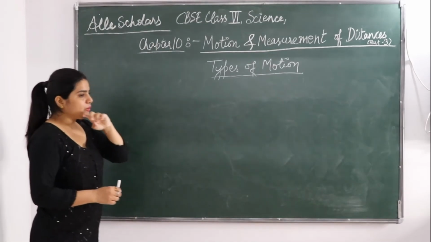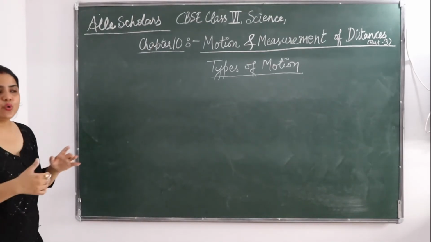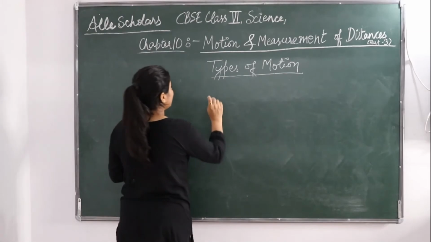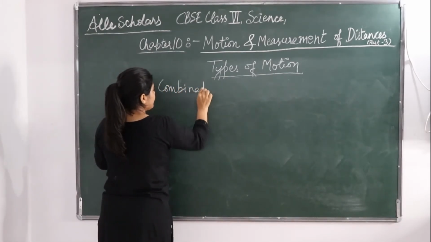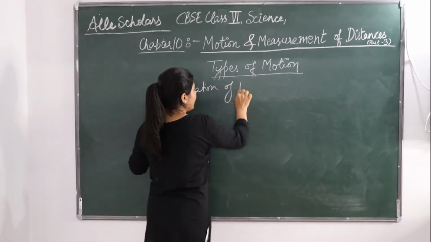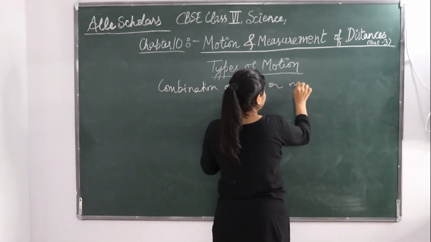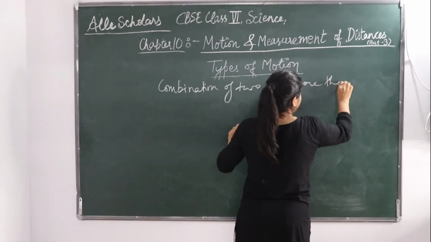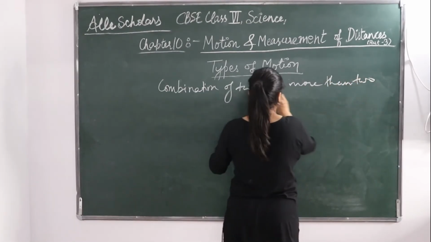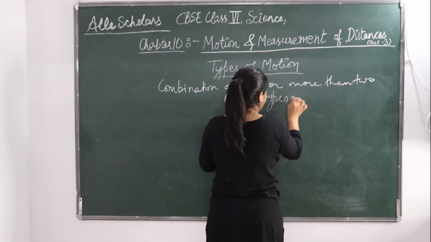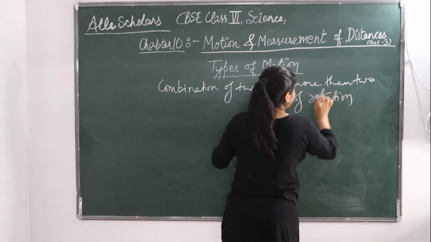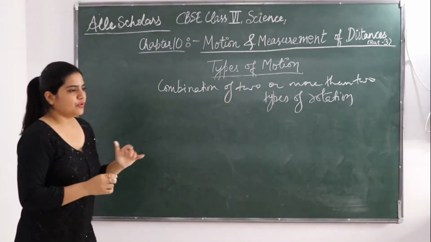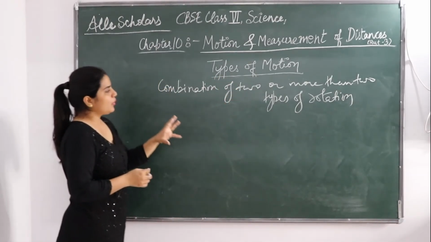So that is going to be called a combination of two or more than two types of motion.